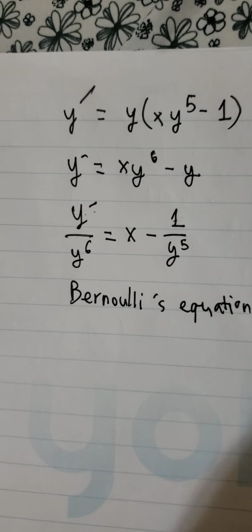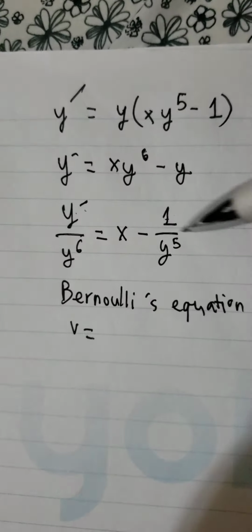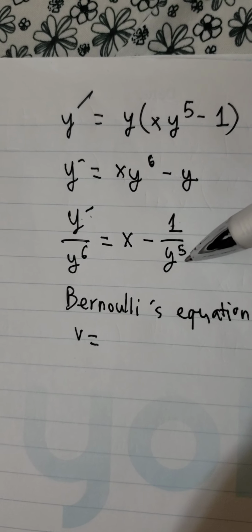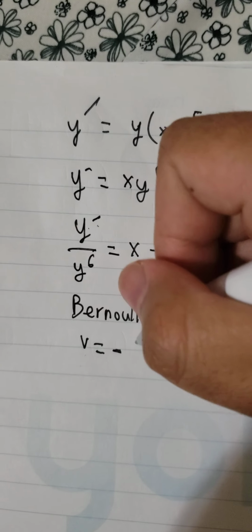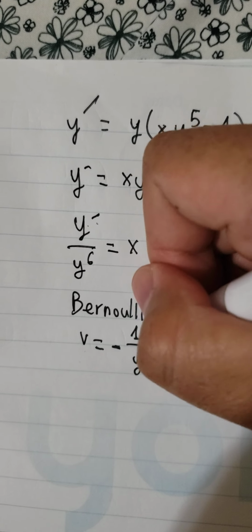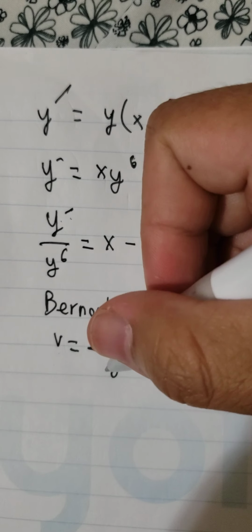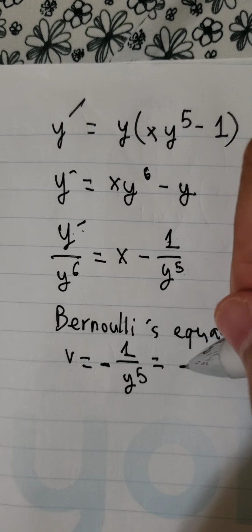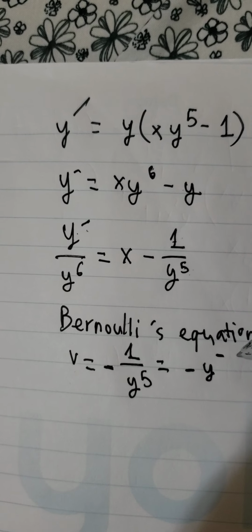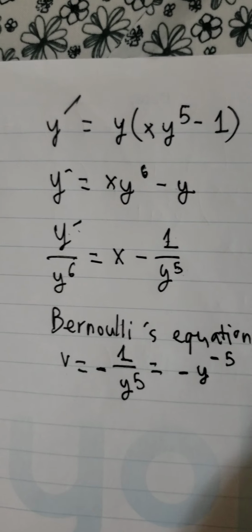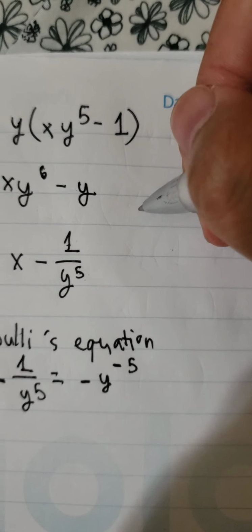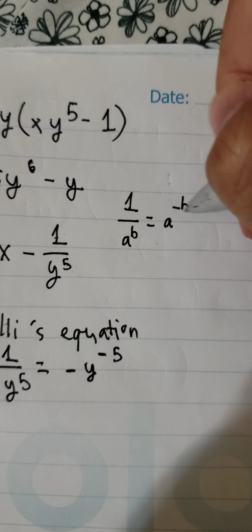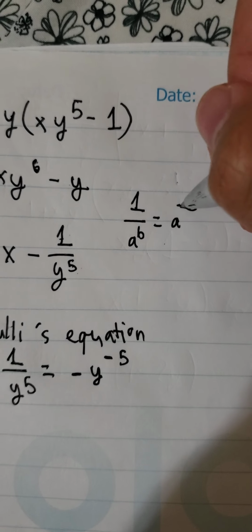In this one I will put v equals negative 1 over y to the power of 5. And in here we can write this as negative y to the power of negative 5, because we have the formula in here, with the negative on the power.